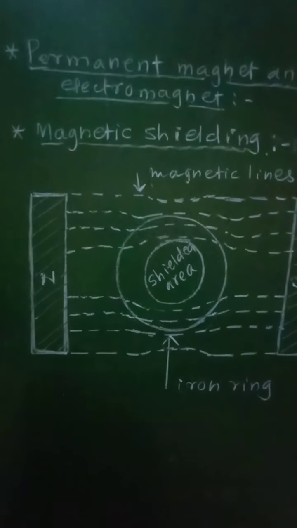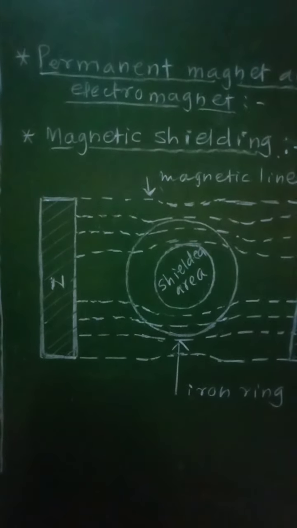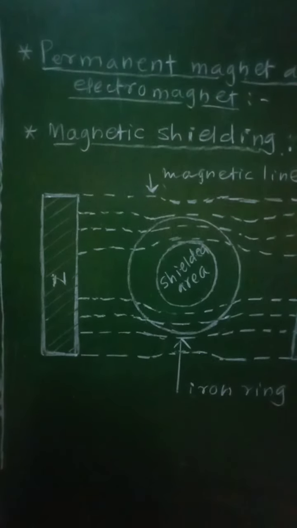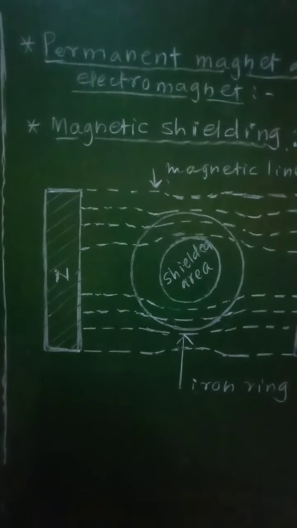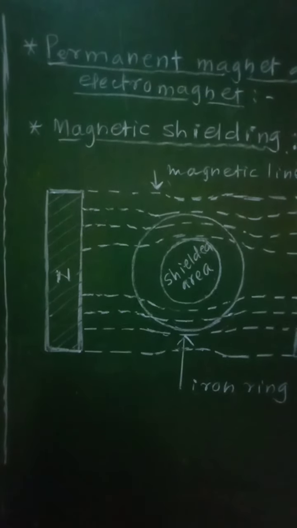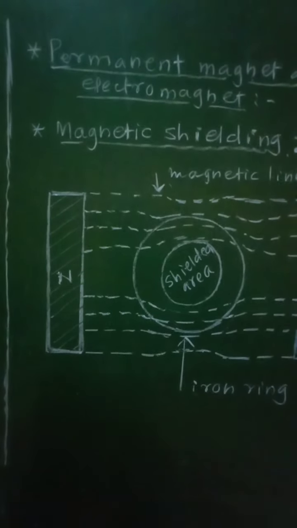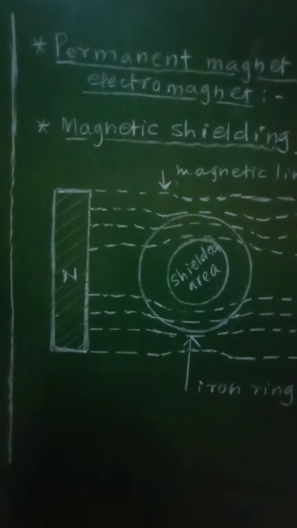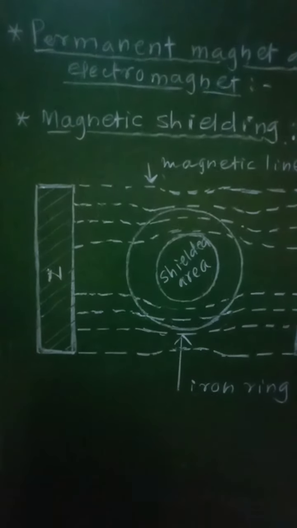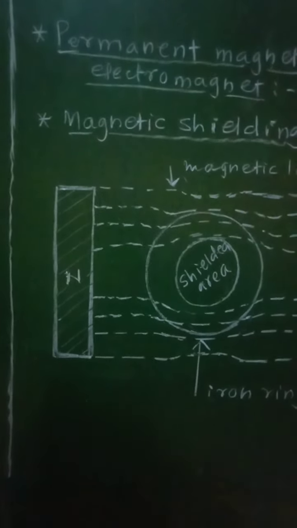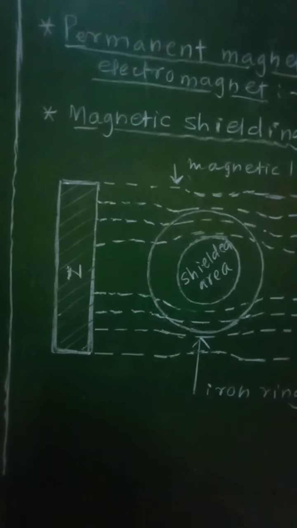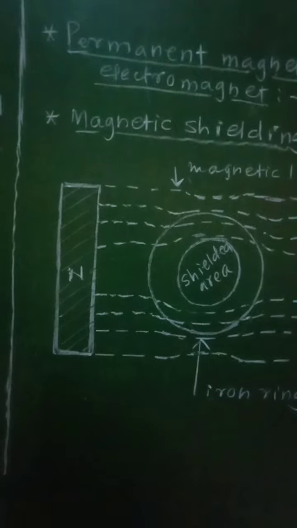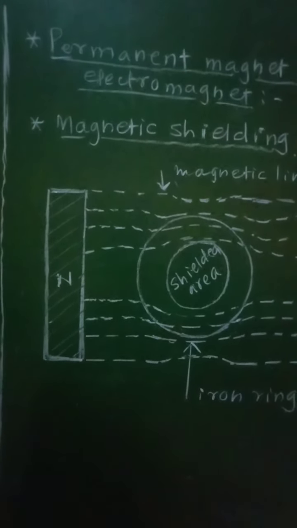So when a soft iron ferromagnetic material is kept in a uniform magnetic field, a large number of magnetic field lines crowd inside the material, leaving a few magnetic lines outside. Most of the lines will be crowded into the iron shell, and this effect is called magnetic shielding.